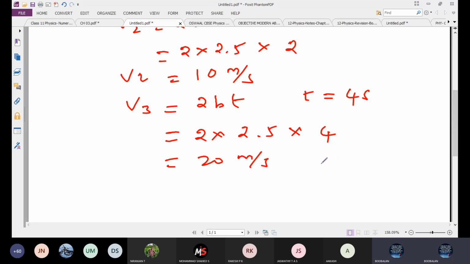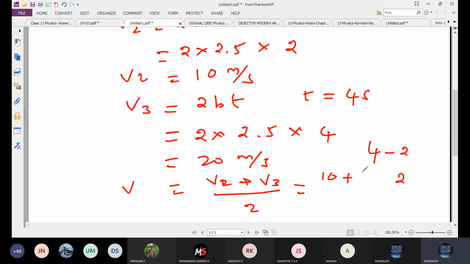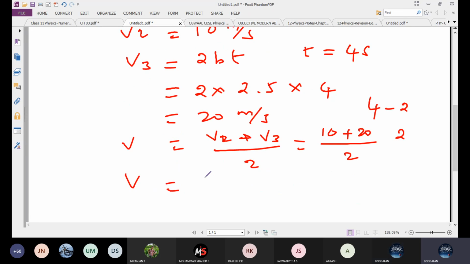Now the time difference: 4 seconds minus 2 seconds. That is, 2 seconds is the difference. So V is equal to V2 plus V3 divided by 2. 10 plus 20 divided by 2. 30 divided by 2, you will get 15 meter per second.